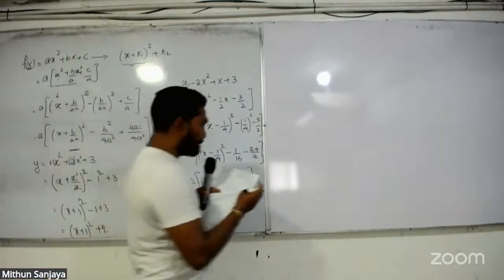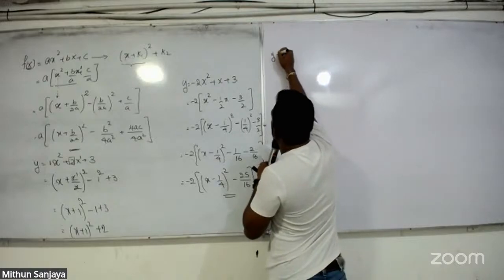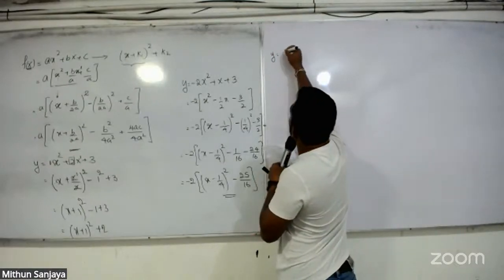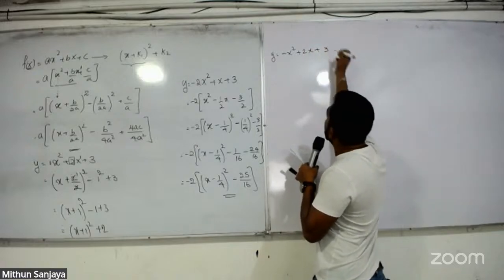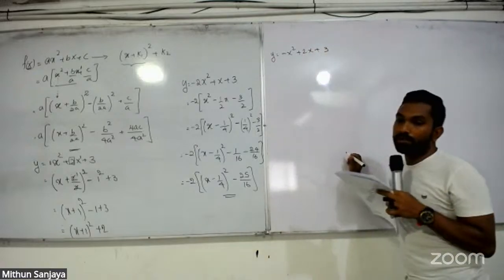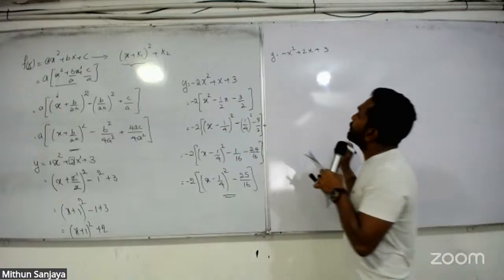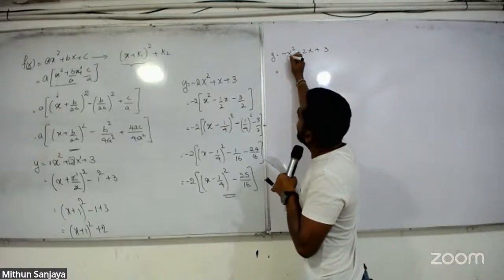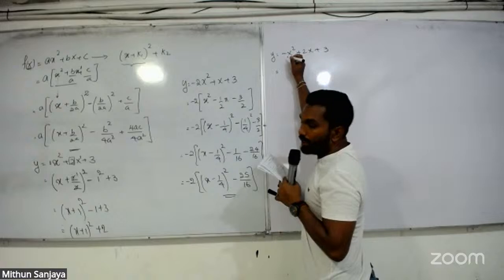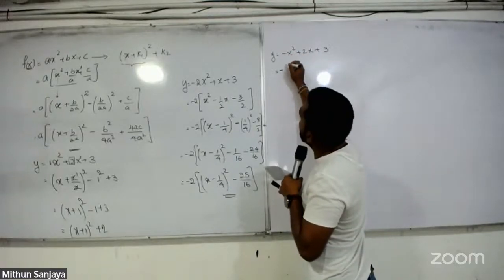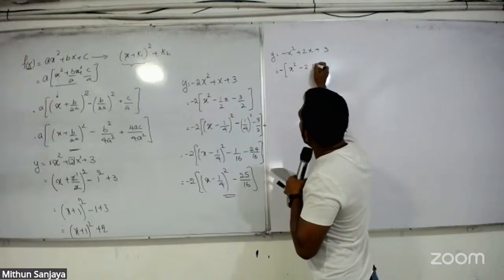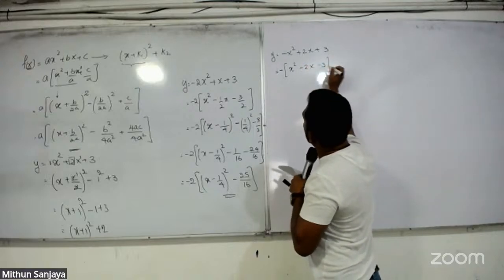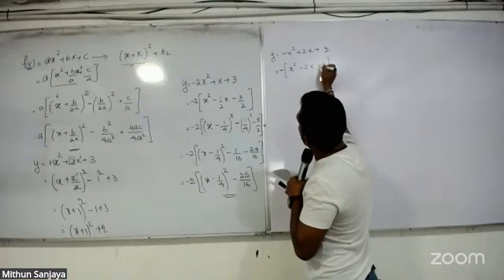We have another one: y equals minus x square plus 2x plus 3. Here we have minus 1, so we need to take it out. Then minus of x square minus 2x minus 3, because when we take out the minus, all the signs change inside.